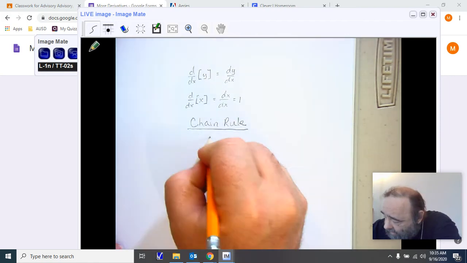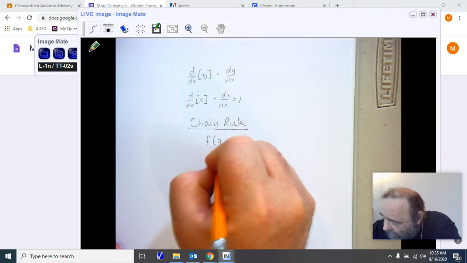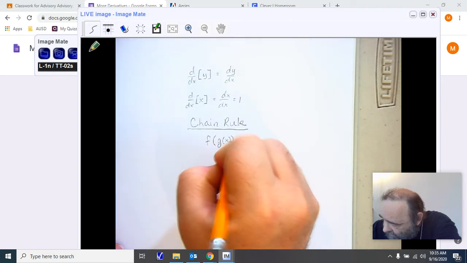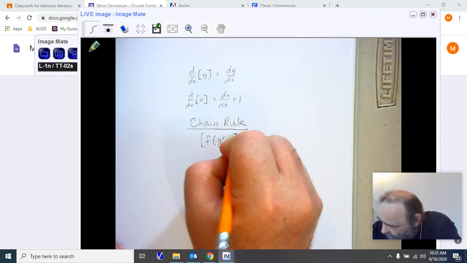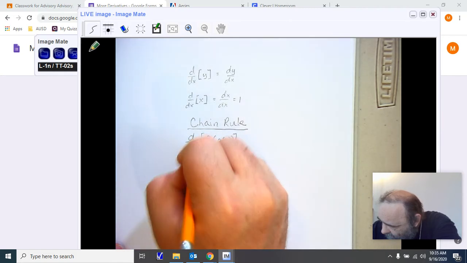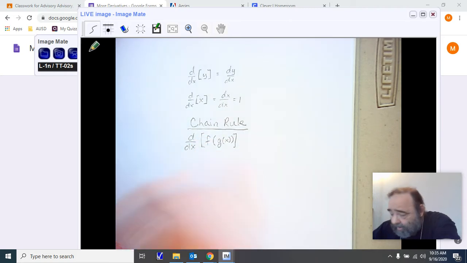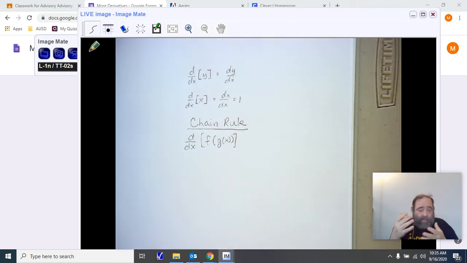And the whole idea is composites. f of g of x. Now, I'm going to go ahead and put my d/dx in front. As we've seen, especially with limits, we take the limit of the derivative inside, and then we just apply whatever we get into the f of x.